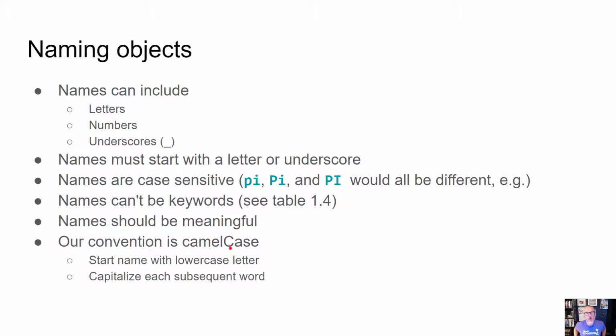Now, as you go and work with Python, you'll find that that is not a universally accepted naming convention. And so other names that we encounter that are done by somebody else may have a different style, but this will be ours.